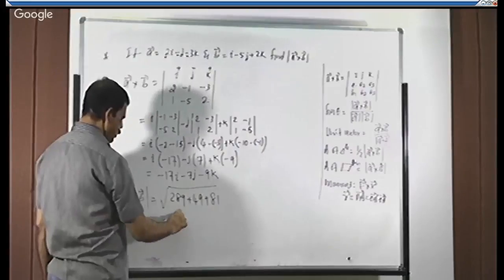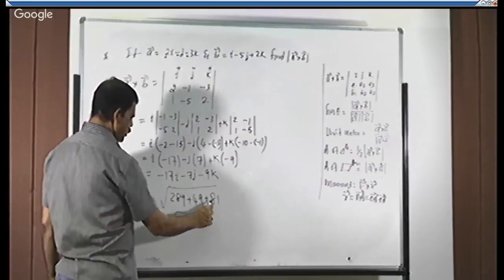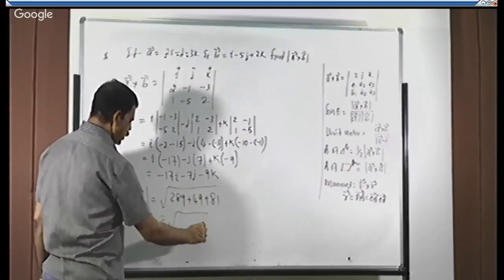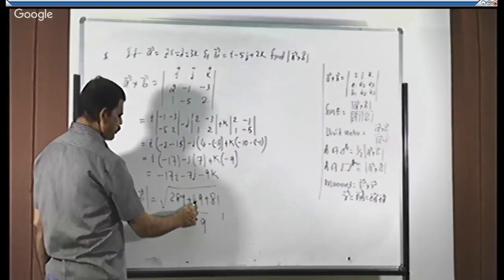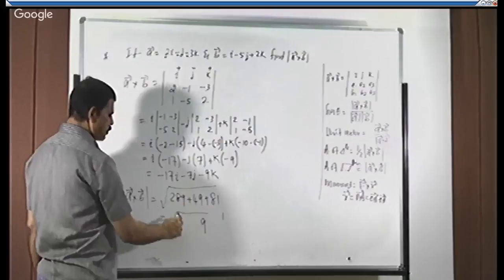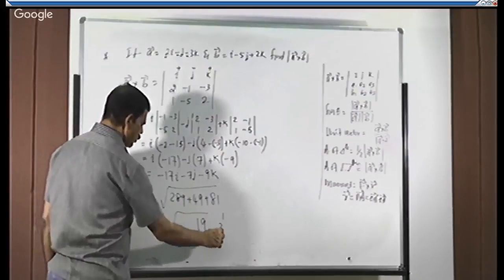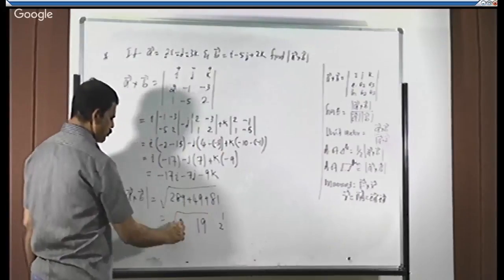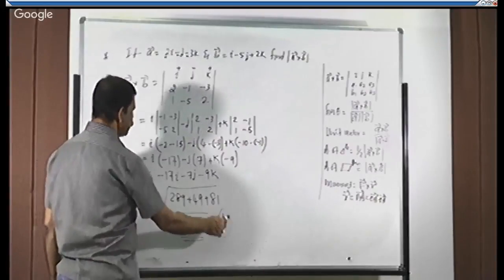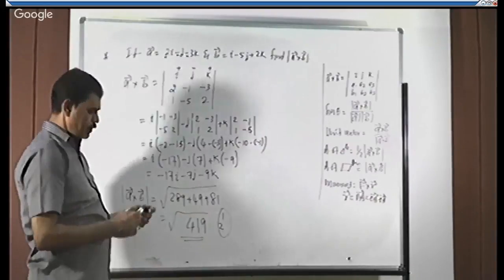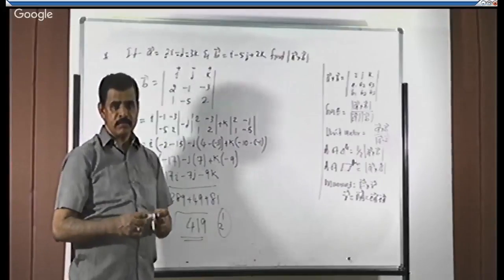So finally, you will get 9 plus 1, 10. 10 plus 9, 19. 1 carries. 8 plus 1, 9. 9 plus 4, 13. 13 plus 8, 21. 2 carries. 2 plus 2 is 4. 419 is the magnitude of the vector A cross B.